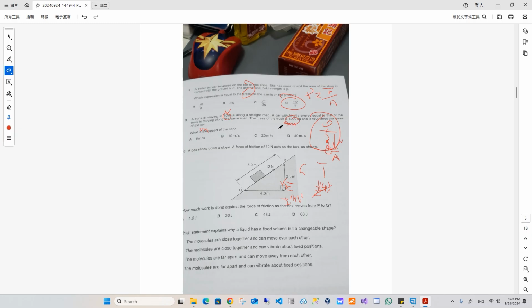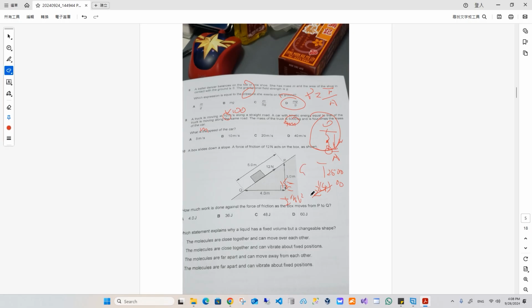The mass is 5,000 and I halve it, which means 2500, and another 20. So the truck has 2500 and another 20. This is half mv squared, for this amount. The car has to have the same amount of kinetic energy.